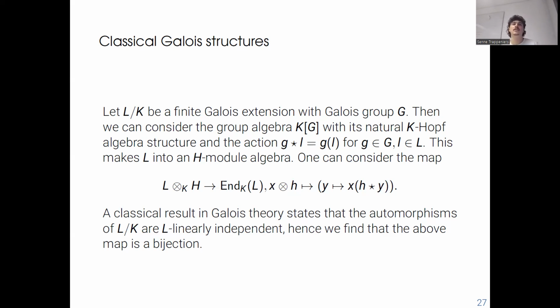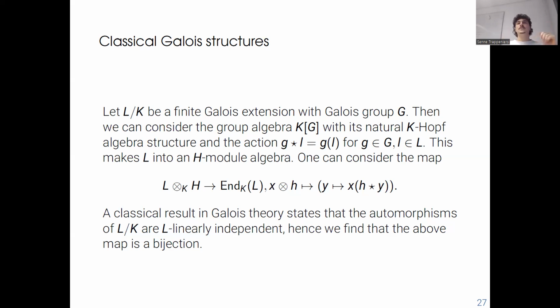What does this mean in this case? Well, because our KG is generated by group-like elements, this just means that the group-like elements act by automorphism on L, but this is by definition true. And then there's a natural map to consider going from L tensor H, so tensoring over K, to the K-linear endomorphisms of L. So at this point, we're actually just looking at L as a K vector space.